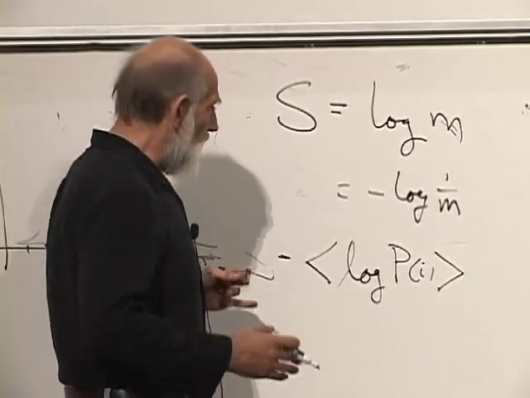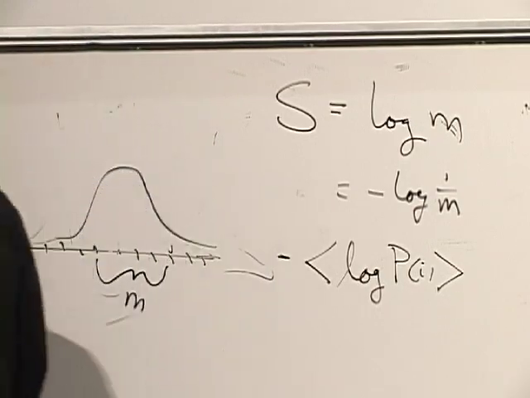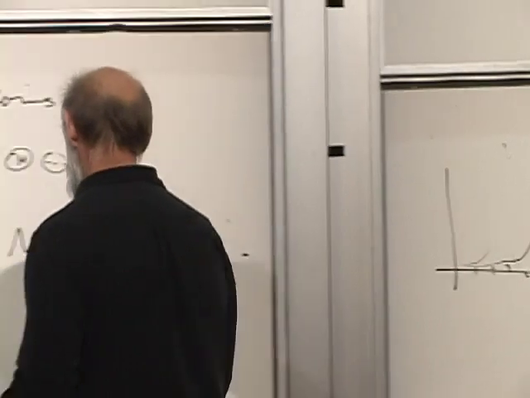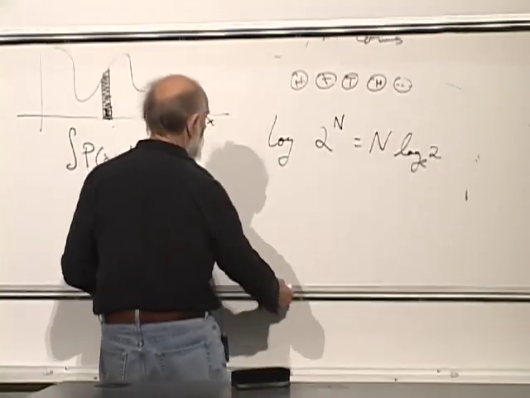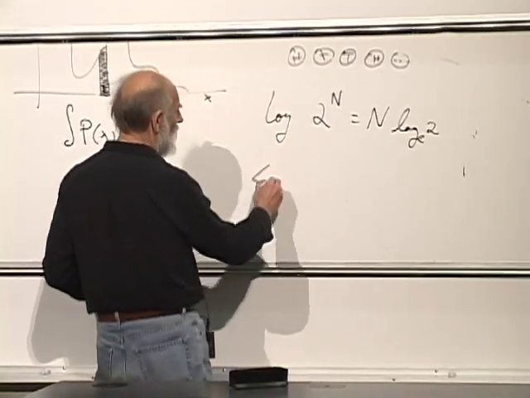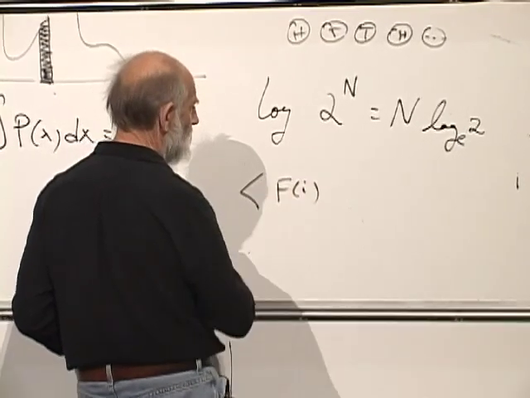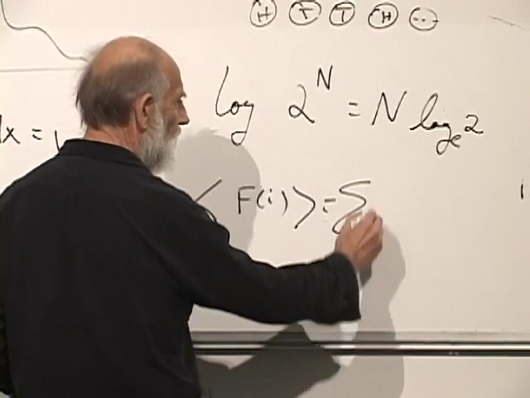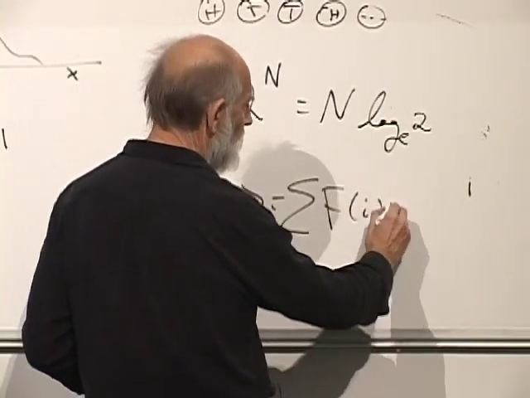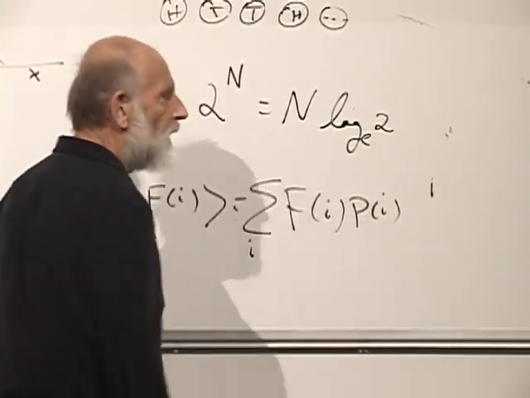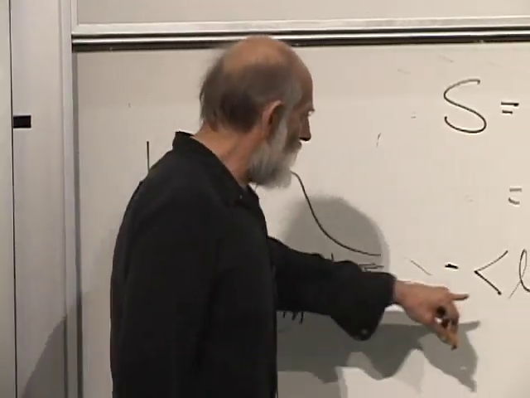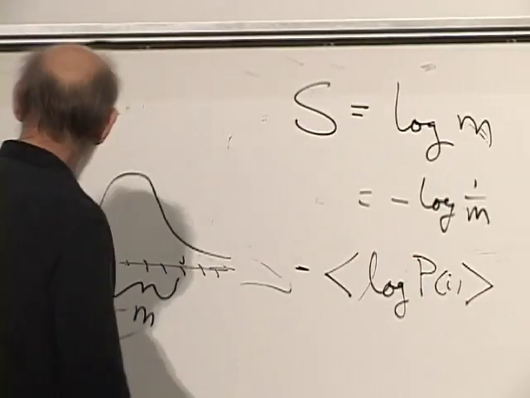Okay. How do we calculate that? Well, we just use the formula for averages. So let's write it down. The average of a function of I is equal to the sum over I of f of I times p of I. Let's apply that. Let's calculate the average of minus the logarithm of the probability.